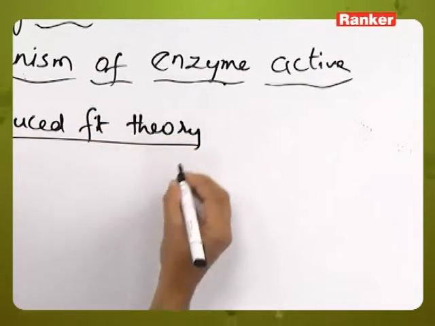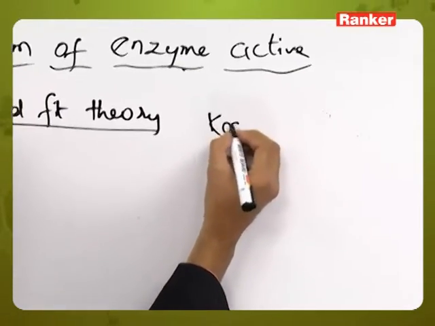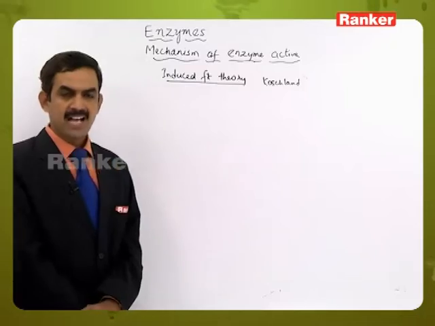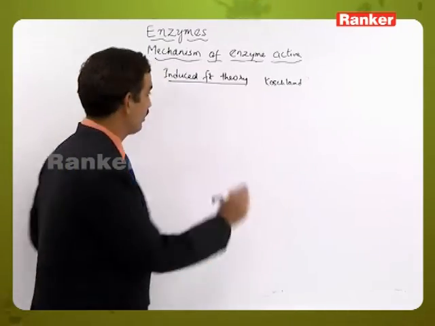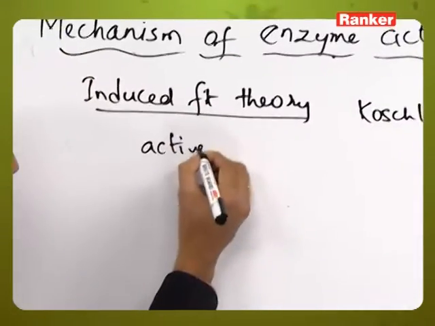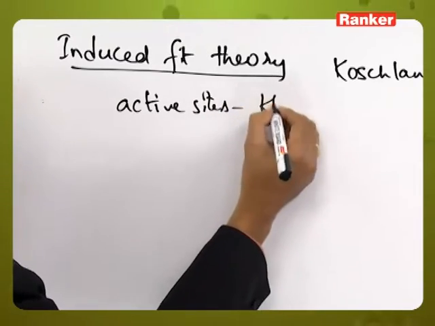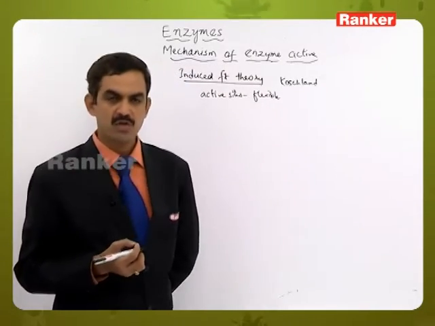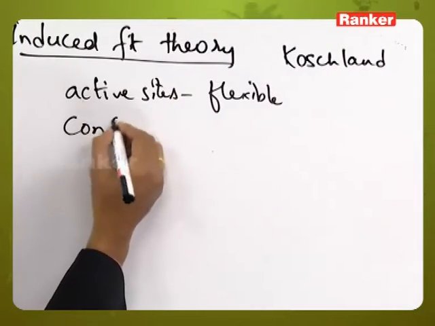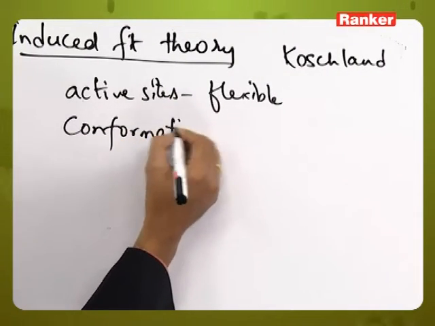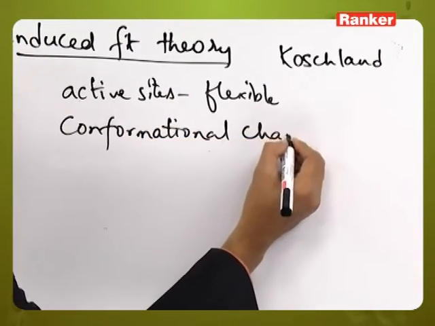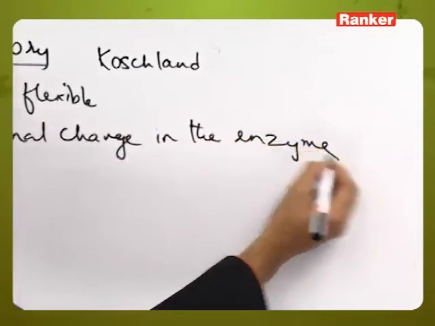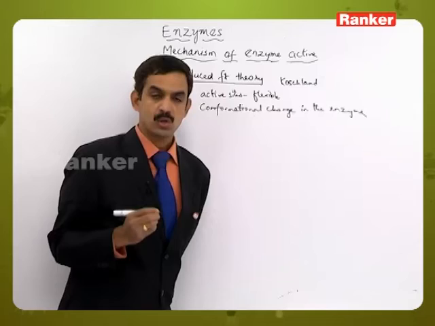This concept was given by Koshland. According to this theory, the active sites are flexible. When they are flexible, there is a possibility of conformational change in the enzyme molecule.